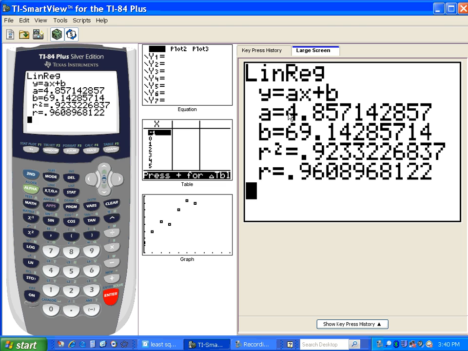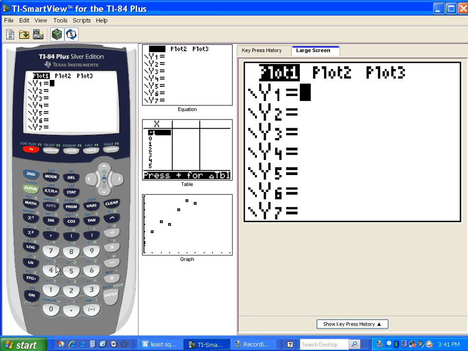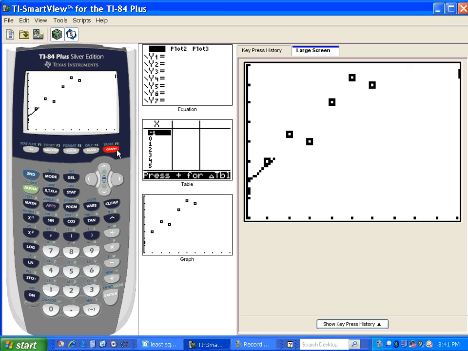But if I take this A, 4.857 as my slope, and my B is my y-intercept, 69.1, and go back to my y equals, so I'm putting in 4.857x plus 69.1, and then hit graph, I can see that this line now is representing this data.